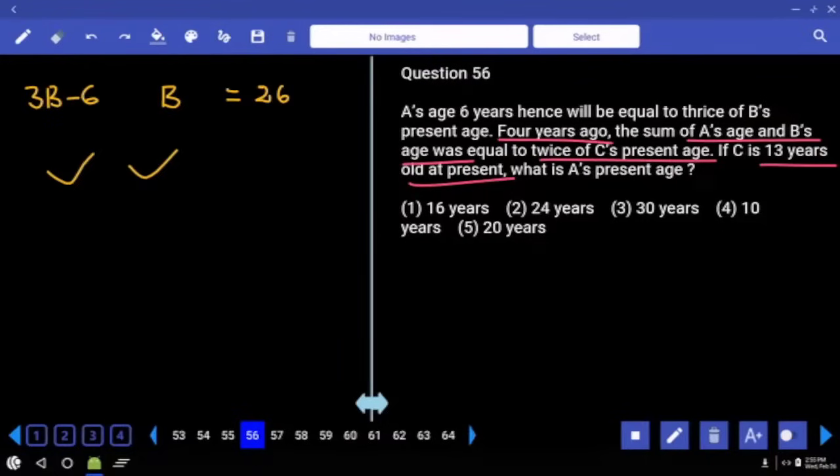Together we have to add 8 years here, and that will be equal to the sum of their present ages. Minus 6 goes to the other side, becomes plus 6. 26 plus 6, 32. Plus 8, 40. 4B is equal to 40. B is equal to 10. But A's age is 3B minus 6, 30 minus 6, 24.